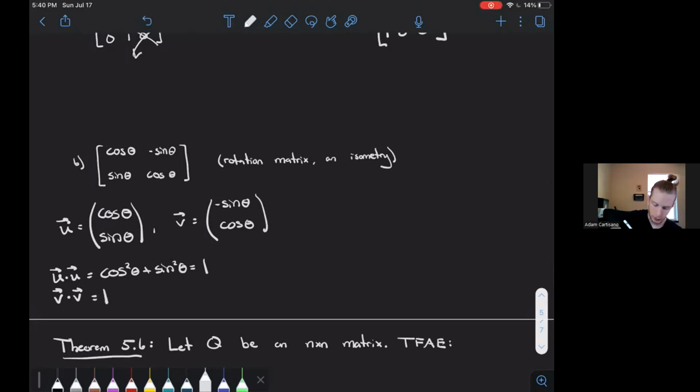Okay. And U dot V, that's negative sine theta cosine theta plus cosine theta sine theta. Fortunately, those are the same number no matter what theta is, so you get 0. And since there are only 2 columns, there we go, the columns form an orthogonal set.